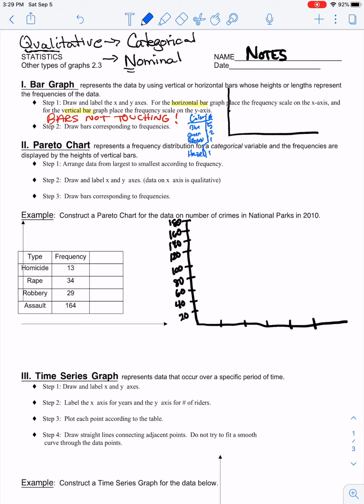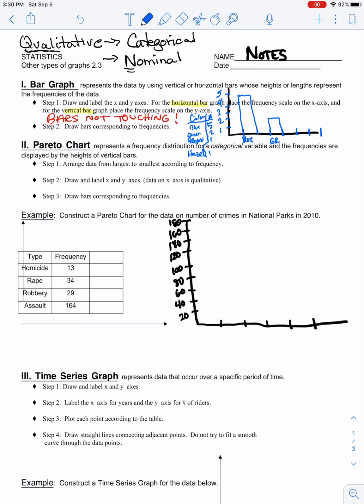So we would section this off, make it nice and evenly spaced, and then have a scale up the side: 1, 2, 3, 4, 5. Who was first? Blue eyes. So we would draw a column up here for blue eyes and write the word underneath. Skip a space and go to the next one. Green was 2.